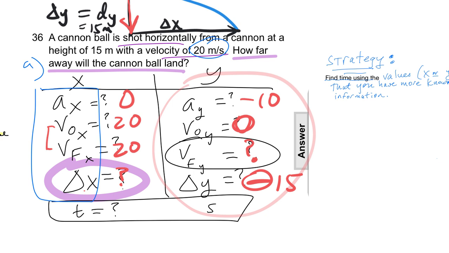Okay, so A equals VF minus VO over T. So I use the Y values. It's probably good to put the X and Y's there.